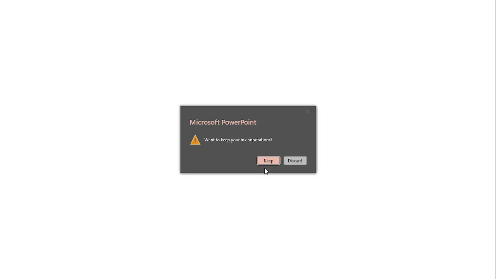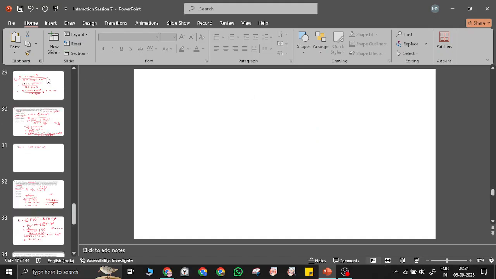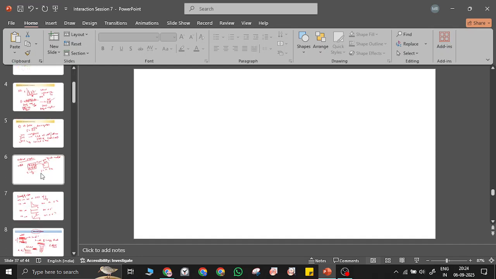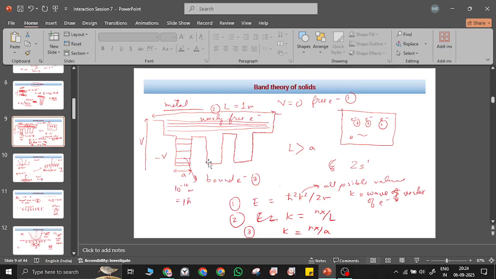Okay. So these were the relevant problems that I found for this week's topic. The derivations you can go through from the lecture videos, and other things I tried explaining how we see the origin of energy bands in solids by considering this kind of model.